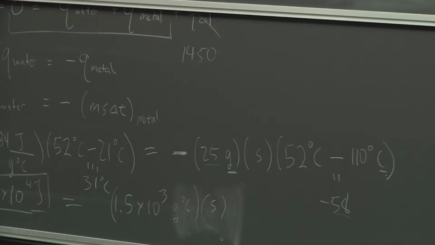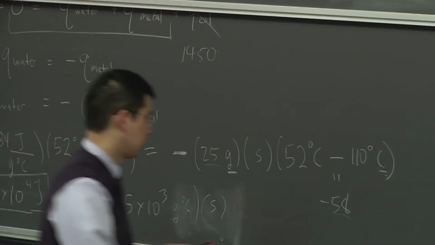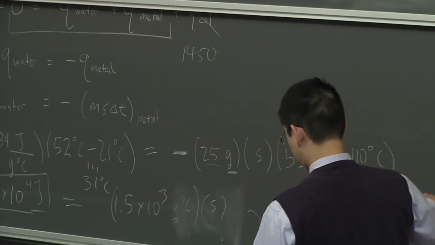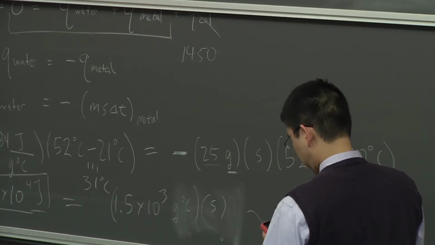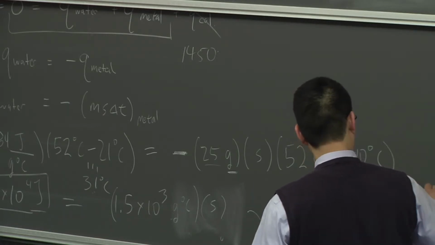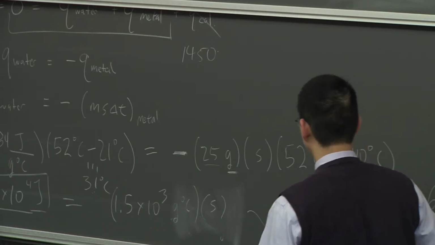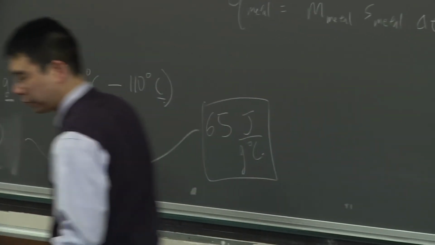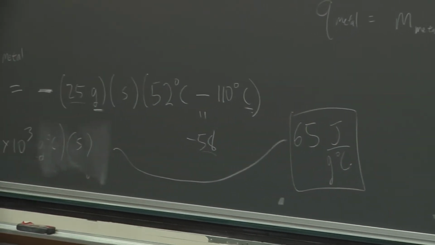When you do the math, divided by 1.5 E3, I get 65 joules per gram degree Celsius. So I set this problem up kind of funny. That's a really high S, but that's okay.